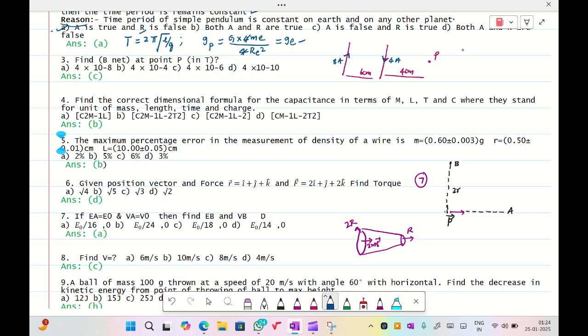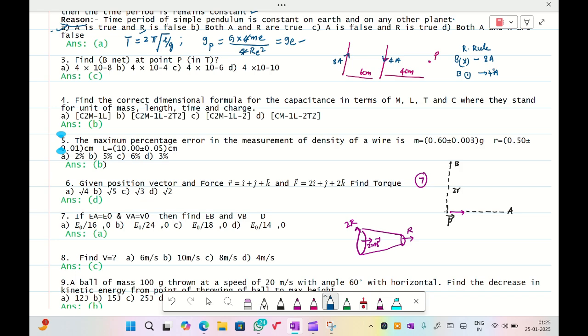From the right hand thumb rule, not simply right hand rule, at P the field due to the 8 amperes is inside, and the field due to the 4 amperes is outside. So thumb along the direction, fingers show the inside, and palm shows the outside.